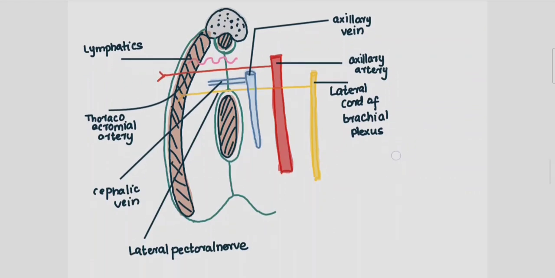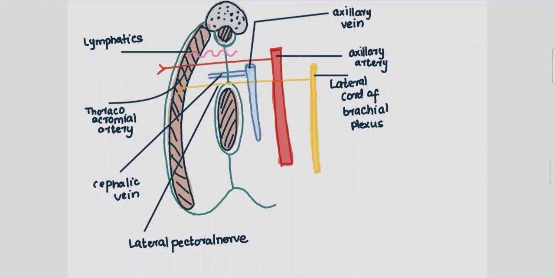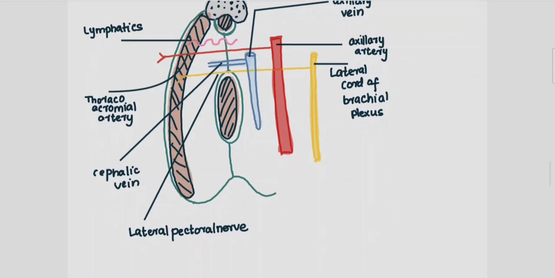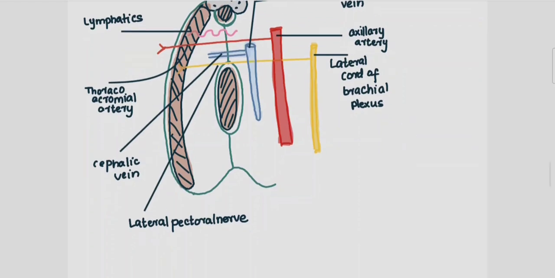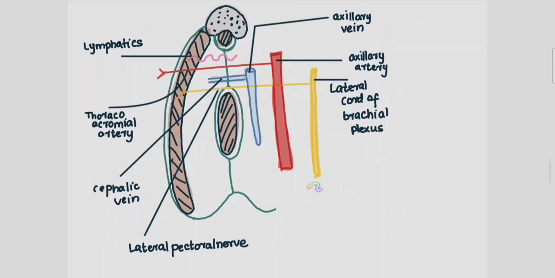Now, what is the importance of the clavipectoral fascia? This is the clinical relevance or applied importance. So why do we care about the clavipectoral fascia? It acts as a protective barrier between the superficial and deep structures of the axilla. That is one point. Then it also provides an important pathway for neurovascular structures.